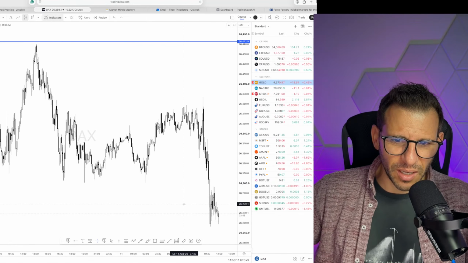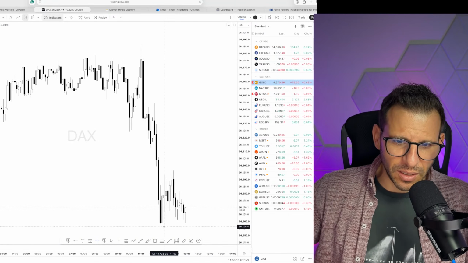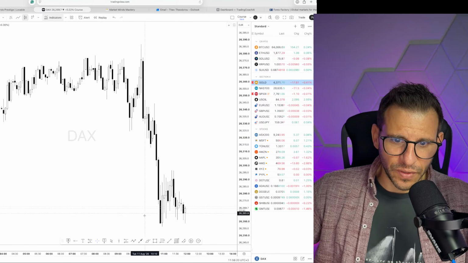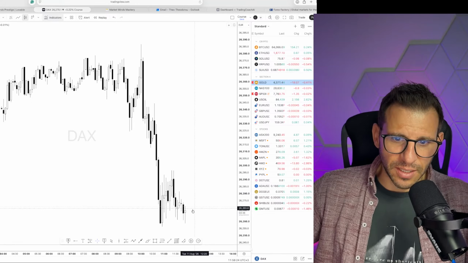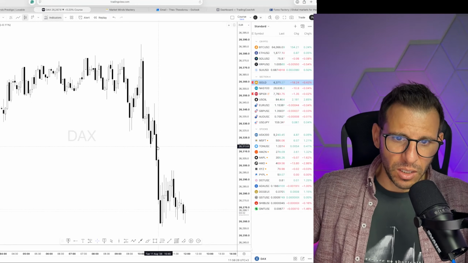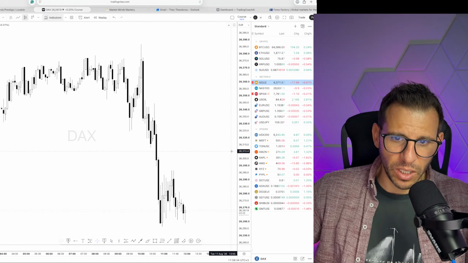I don't see a... I don't want to trade DAX here. I like this kind of smooth trends. Now the market is going a bit sideways, so it's a sign that maybe it wants to climb a little bit higher to grab some liquidity from this level to maybe reach this low here.